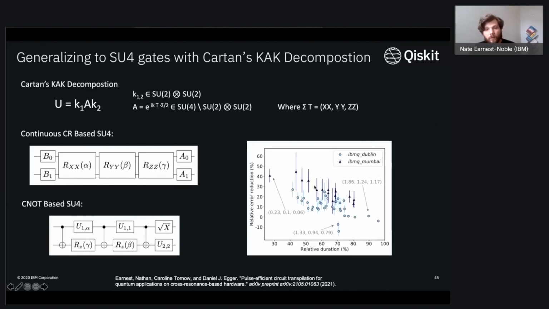When we look at the SU4 results here, it is the same plot of the QPT fidelity that I showed earlier for the CX, but now for an arbitrary SU4 where we pick different angles. You can see that as the relative duration of your SU4 is decreased, you also get a general improvement in your gates.